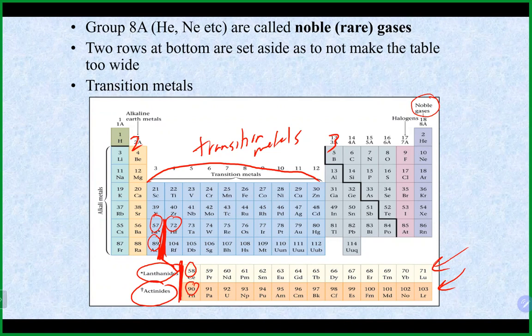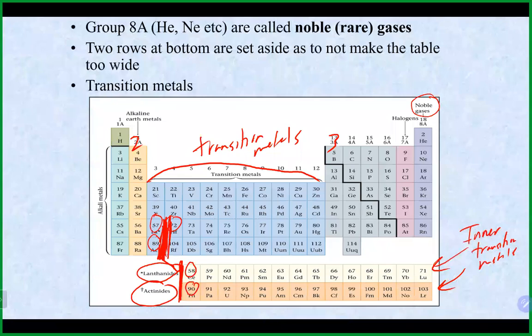That's why the bottom two rows are sometimes referred to as the inner transition metals, because technically, as we just talked about, that is where they should go. So they kind of fit in that spot. So obviously, you need to know where transition metals are as well. Any questions on that?